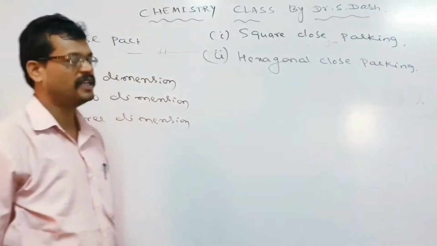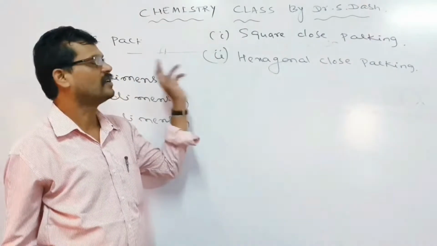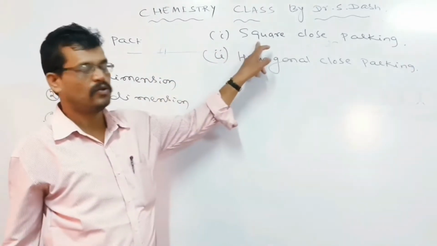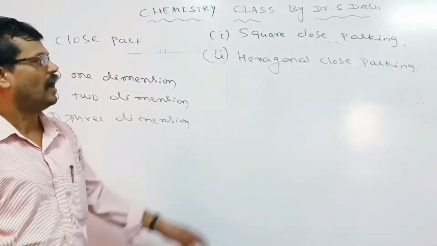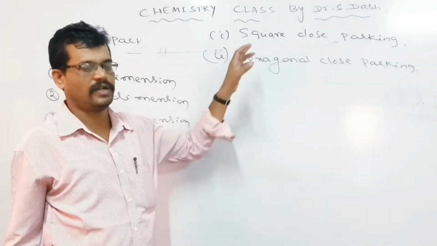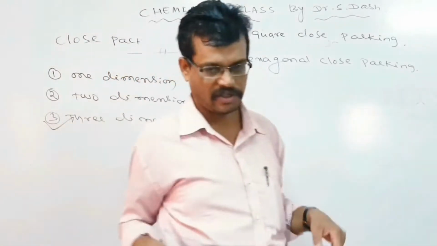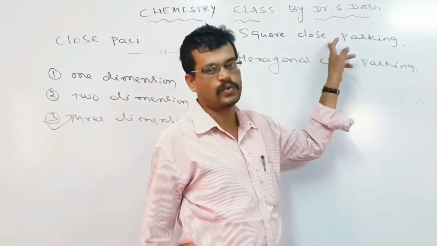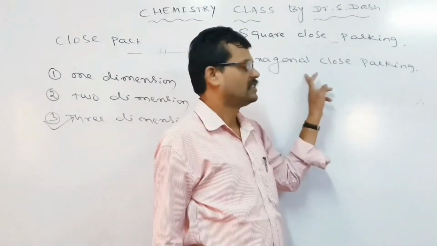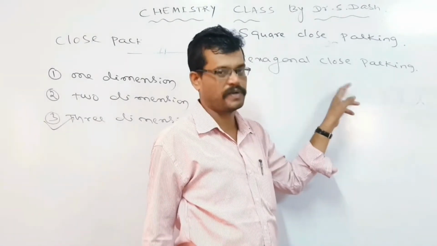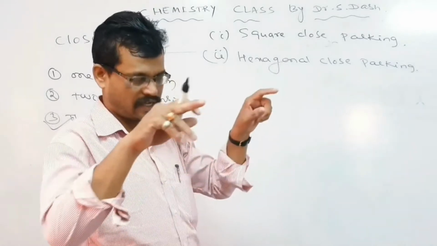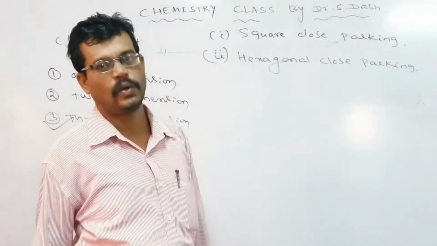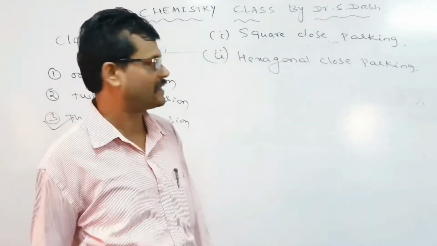It is named square close packing because when a particular sphere is attached to other spheres, if you connect the centers of those spheres, it looks like a square. Similarly, in hexagonal close packing, if you take a particular sphere and connect the centers of the surrounding spheres, there are 6 spheres and they look like a hexagon. That's why it is called hexagonal close packing.